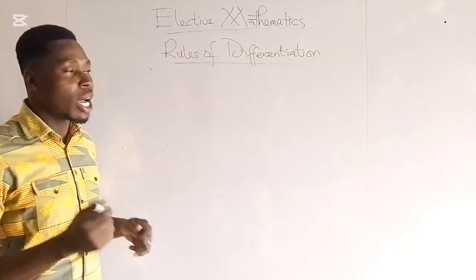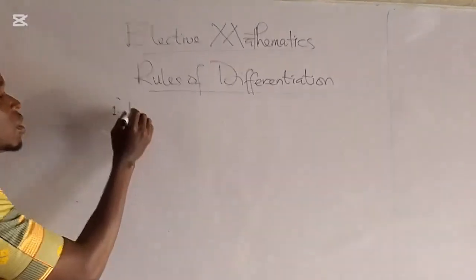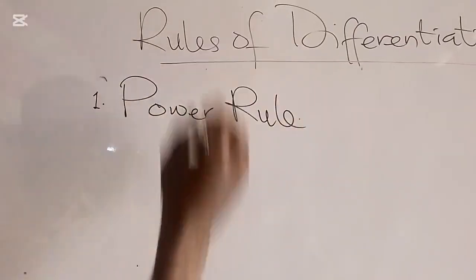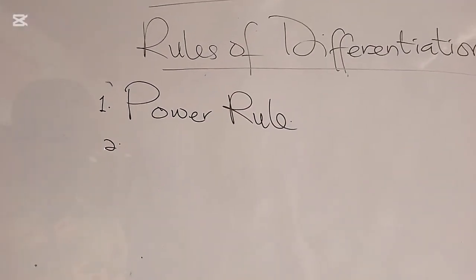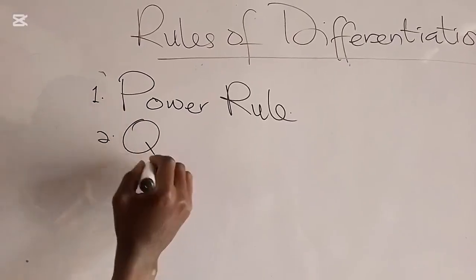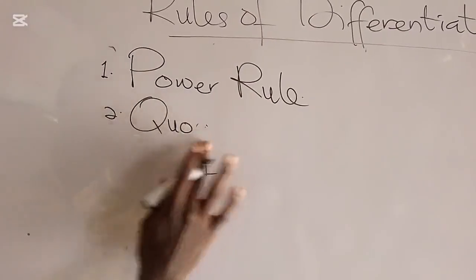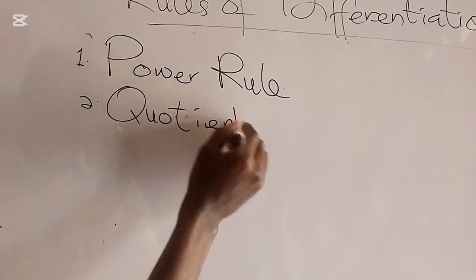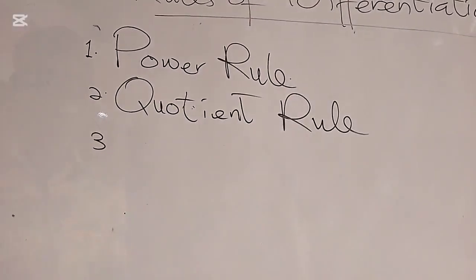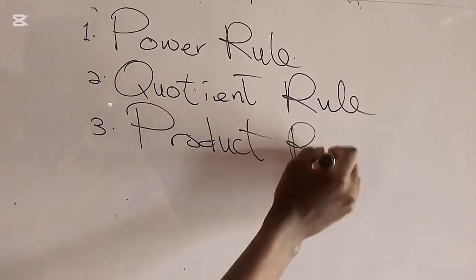So the rules that we are going to talk about today are as follows. The first rule is the power rule. Then the second rule is the quotient rule. Then the third one, we have the product rule.